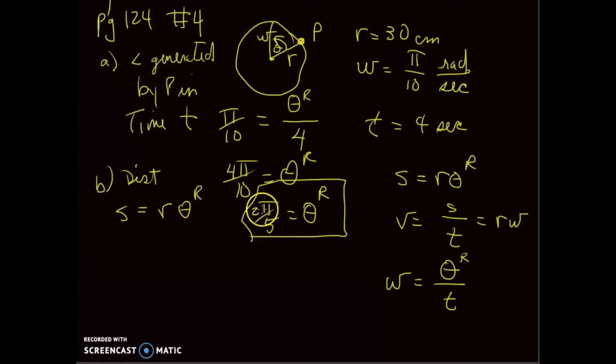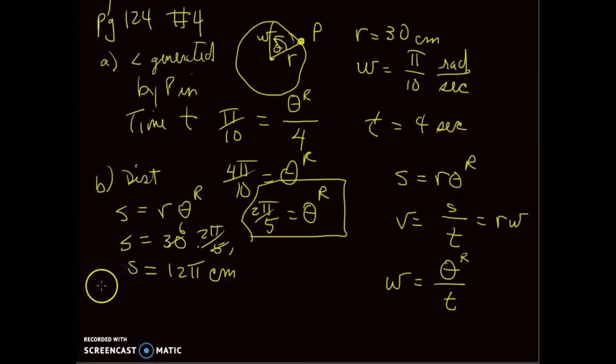Well, in those 4 seconds, it's gone through this angle at this radius, so that one's not so bad. r is 30 centimeters, by the way, and theta is the 2 pi over 5. So 5 goes once, 5 goes 6. 6 times 2 is 12 pi centimeters. That's what that distance is.